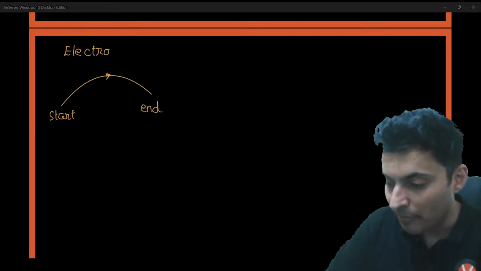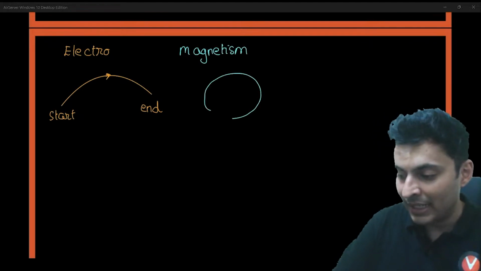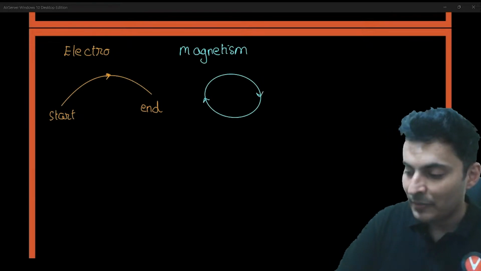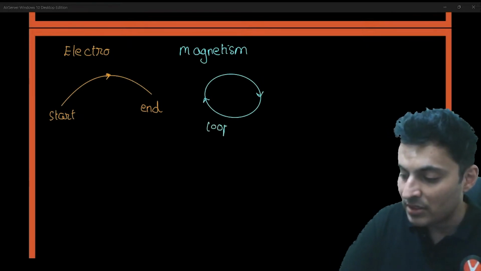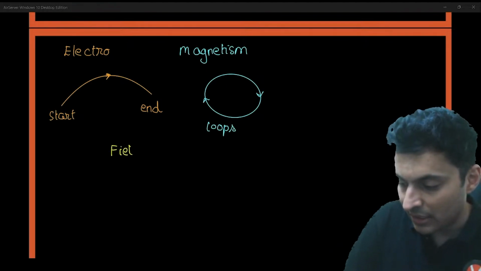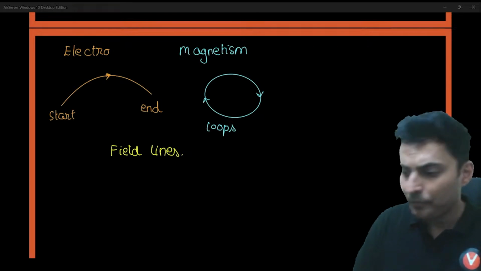But in case of magnetism, when you draw the magnetic field lines, there is no start, there is no end. They are always in loops. This is one of the major differences between electricity and magnetism.